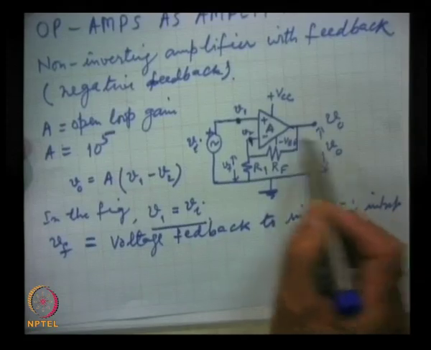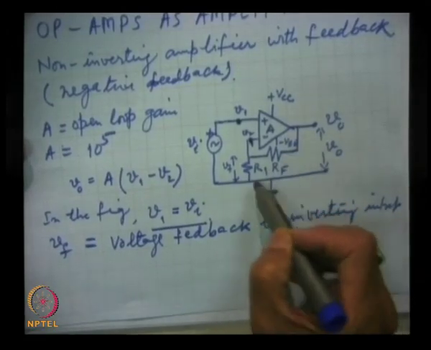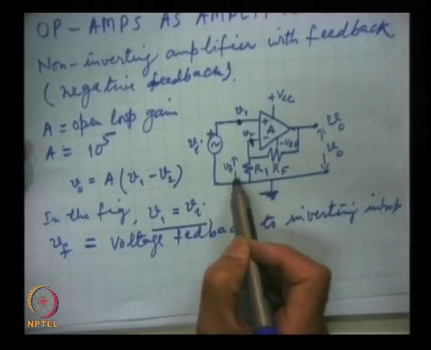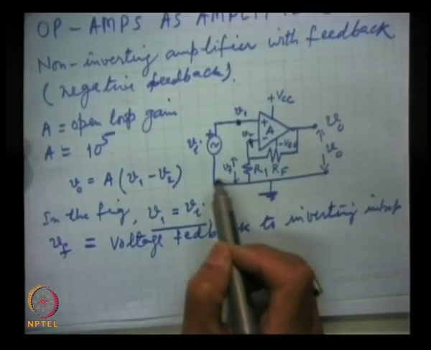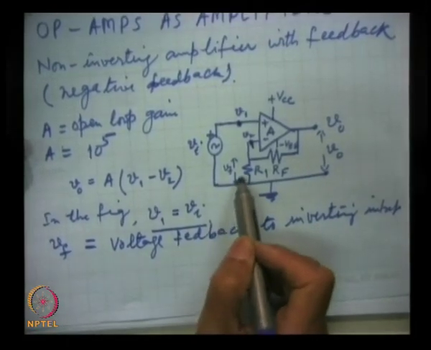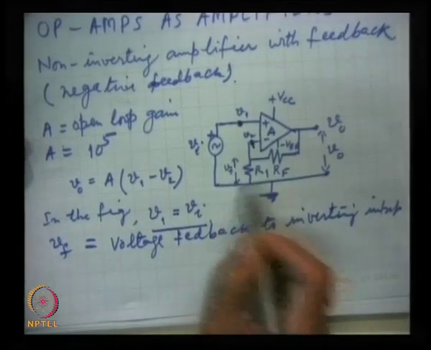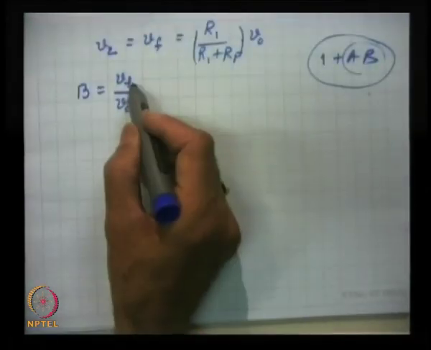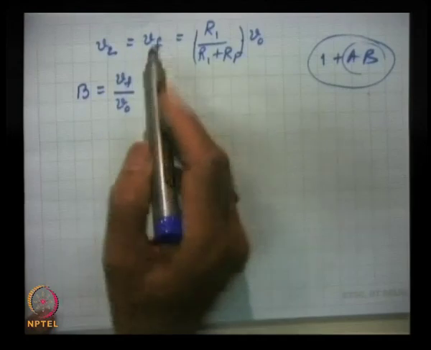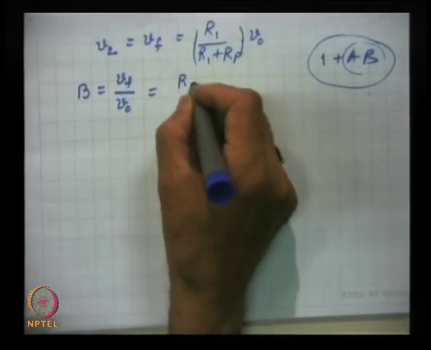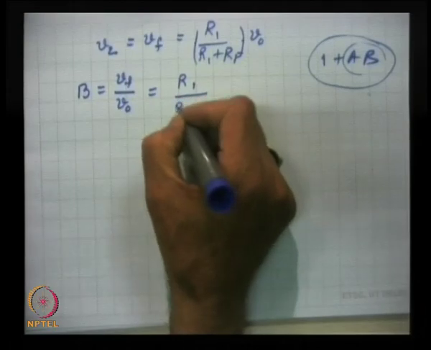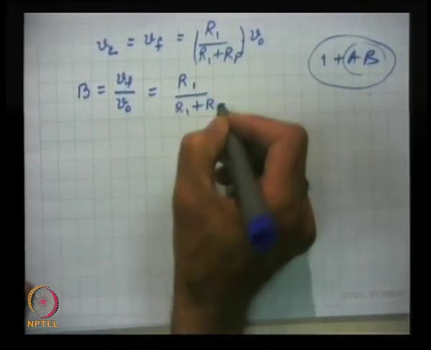This V0 is the input to the feedback network, and the output we are taking here. So the gain of the feedback network is output divided by input, Vf by V0, which from here we write as R1 by R1 plus Rf.